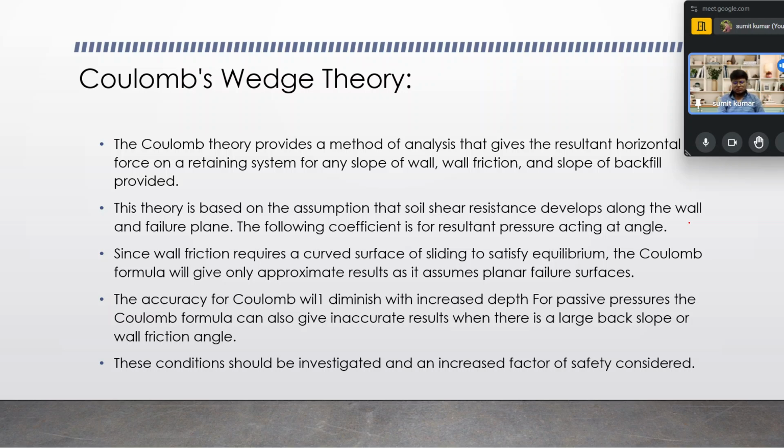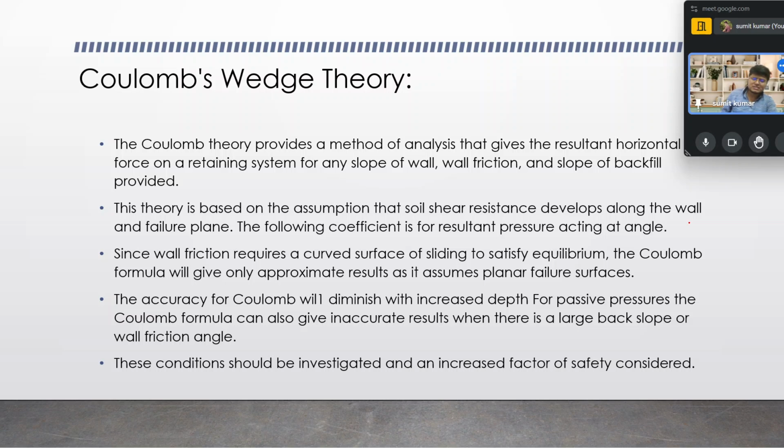The Coulomb theory provides a method of analysis that gives the resultant horizontal force on a retaining system for any slope of wall friction and slope of backfill provided. This theory is based on the assumption that the soil shear resistance develops along the wall and the failure plane.